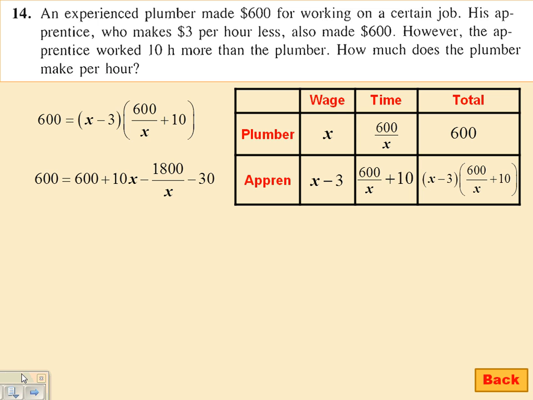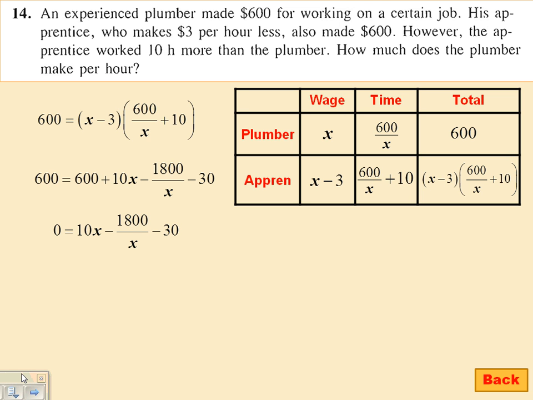That gets me that. I could do some canceling from the left and right side. I could cancel the 600s, and I'm doing minus 600 from both sides. I then get 0 equals 10X minus 1800 over X minus 30.